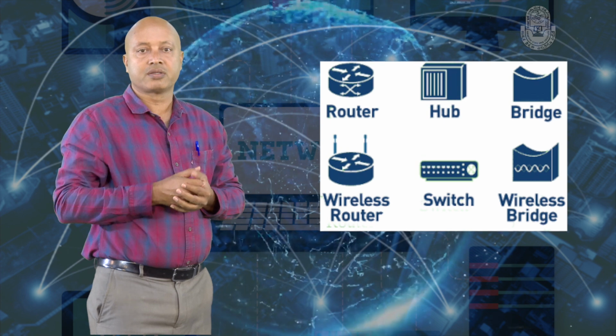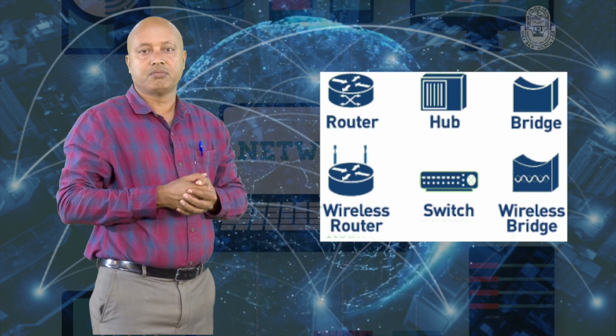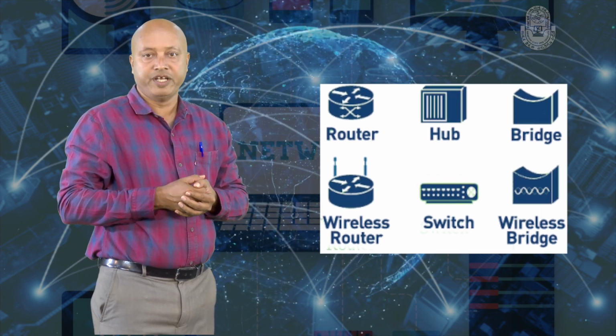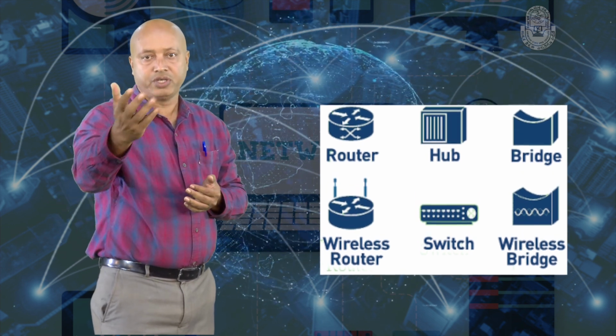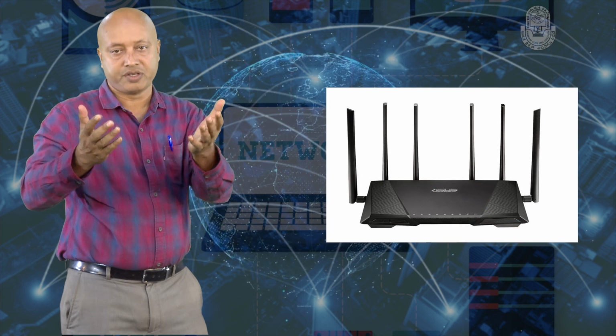A computer network can also include multiple devices or mediums which help in the communication between two different devices. These are all known as network devices and include things such as routers, switches, hubs and bridges.